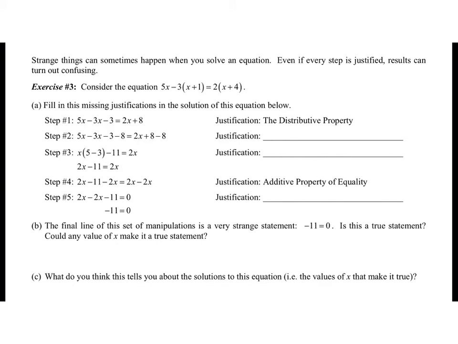So strange things can happen sometimes when you solve an equation. Let's look at the original equation. From here to here, it was obviously the distributive property. Then it looks like it's subtracting 8 from each side to be able to get rid of that 8 on the right-hand side, which is the additive property.